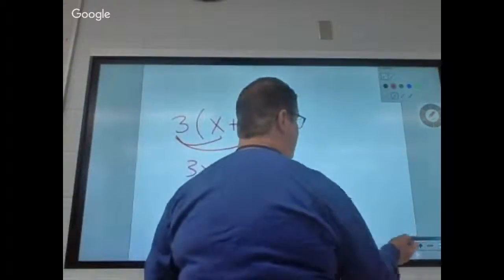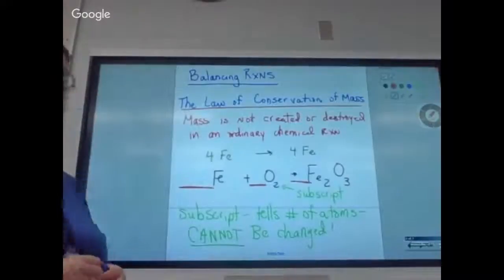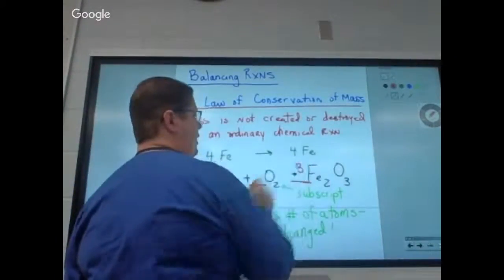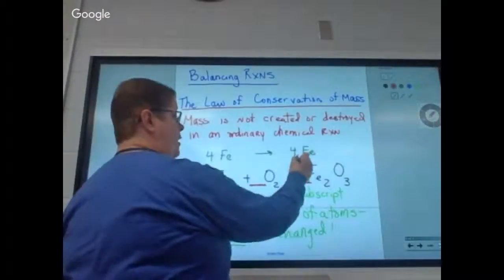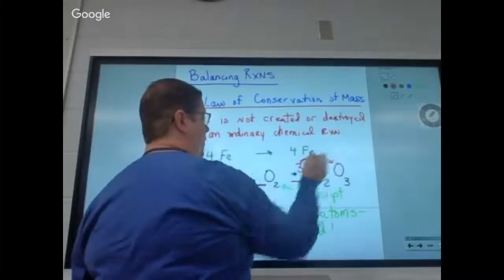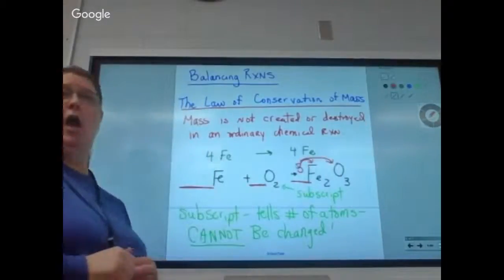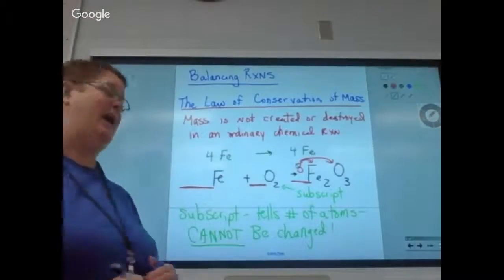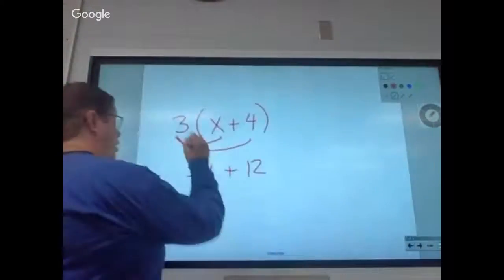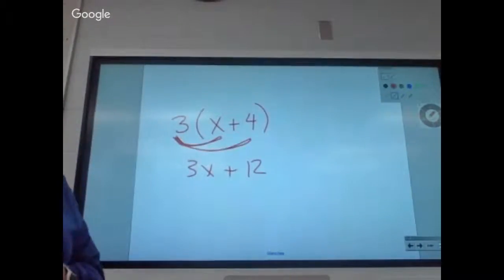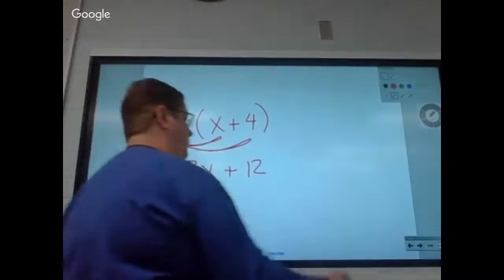It does the exact same thing in chemistry class. When you put a coefficient, let's say a 3 here, this 3 will multiply to Fe and multiply and distribute to the O. It goes to both elements just like that 3 goes to x and to 4. Does that make sense?